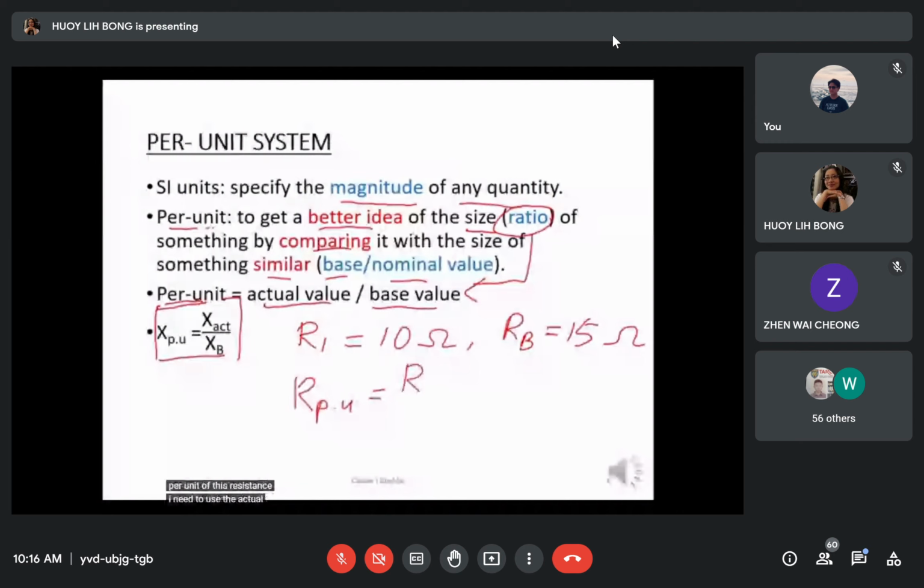Both in ohms will cancel each other and give me a result which is a ratio of 2/3 per unit.